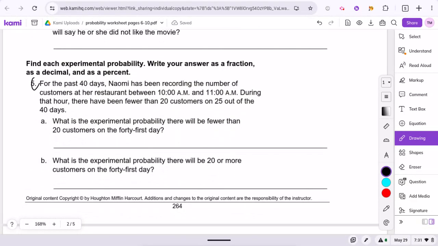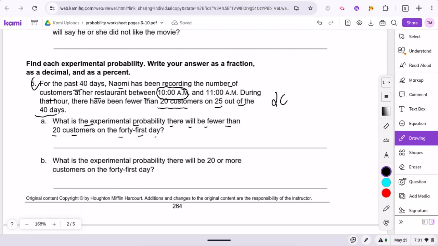So number 5 down here, for the past 40 days, Naomi has been recording the number of customers at her restaurant between 10 a.m. and 11 a.m. During that hour, there have been fewer than 20 customers on 25 out of the 40 days. What is the experimental probability that there will be fewer than 20 customers on the 41st day?